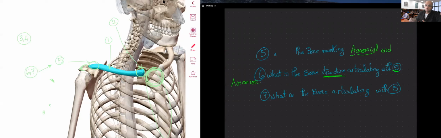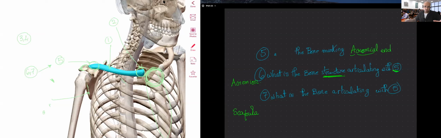And what is the name of the whole bone that articulates with 5? The scapula. Right? Easy.